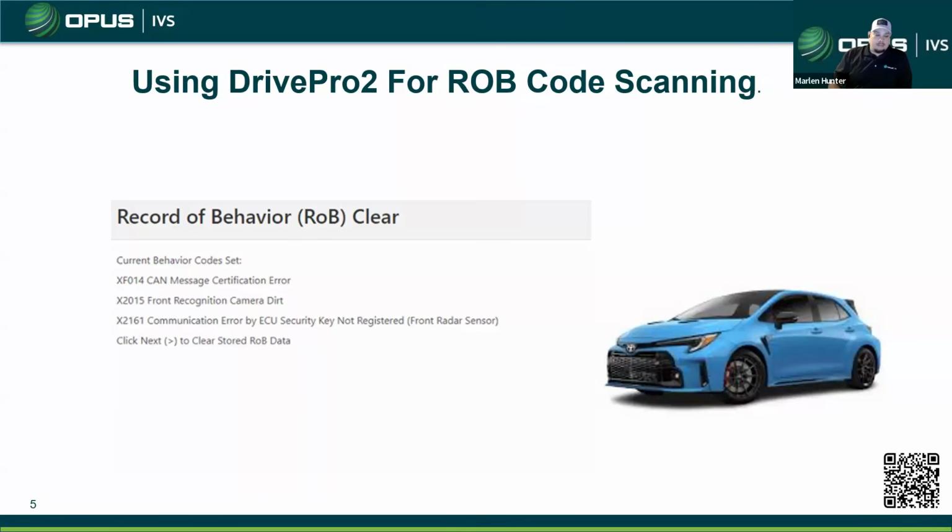There are no big diagnostic procedures or anything like that. It just gives you a brief, hey, here's what's going on with it. A lot of them are pretty straightforward, as you see: CAN message error, front recognition camera has dirt on it. The ECU Security Key not registered. That's another big one that we'll cover as we go through the webinar.